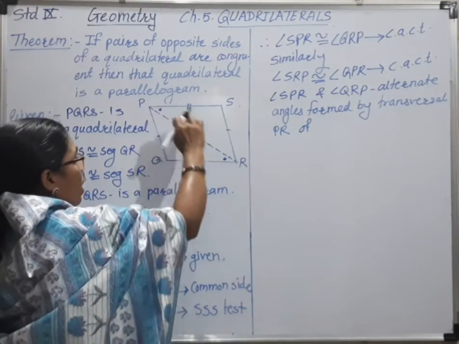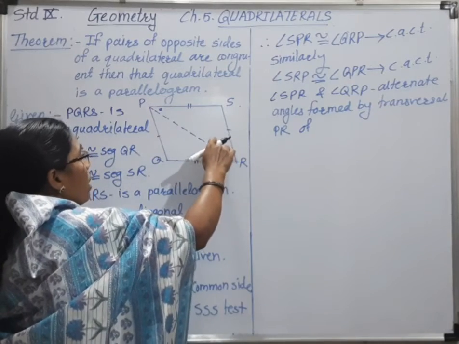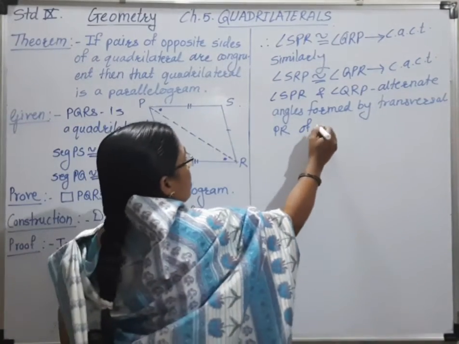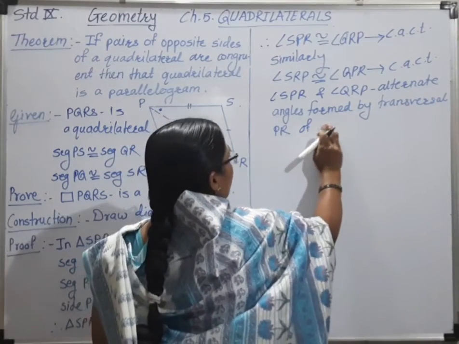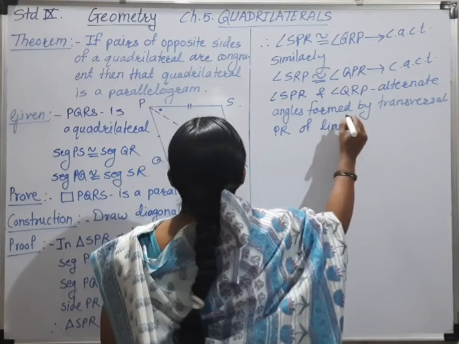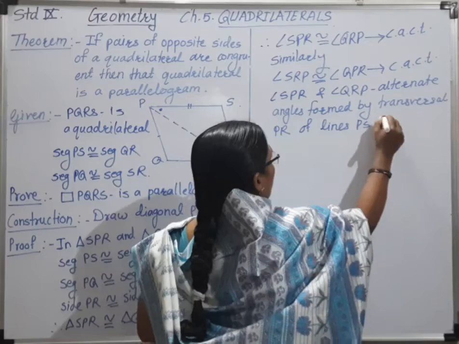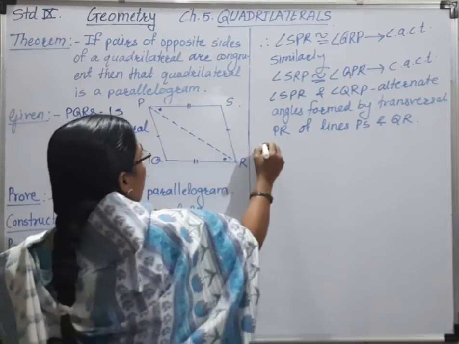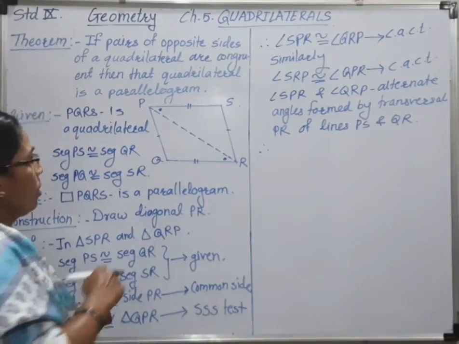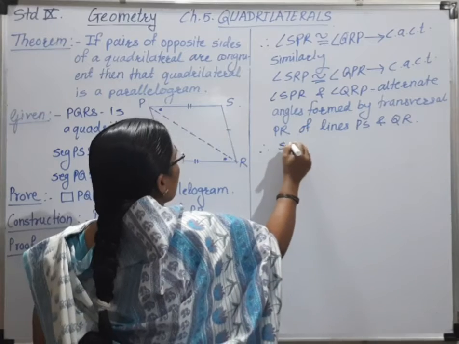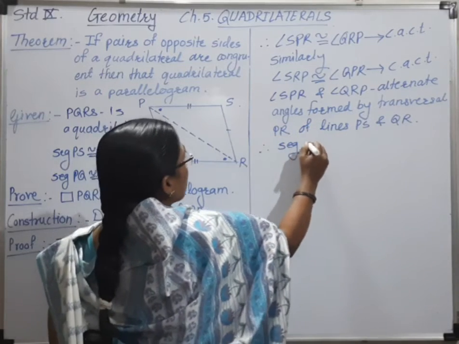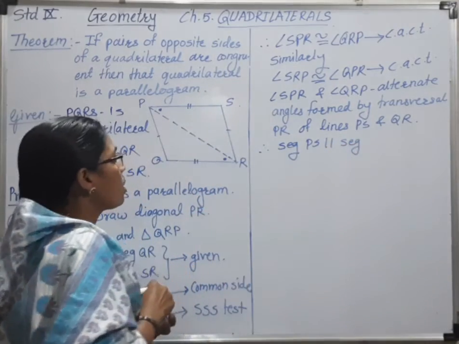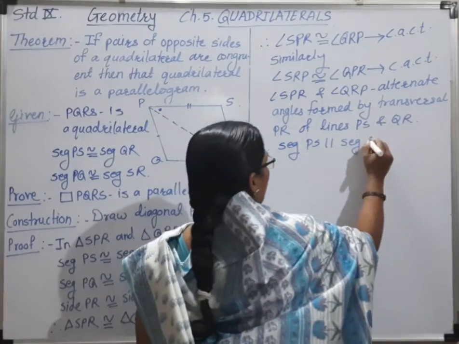These two angles are formed by this transversal which is intersecting these two lines, so of lines or sides PS and QR, and therefore segment PS is parallel to line QR.